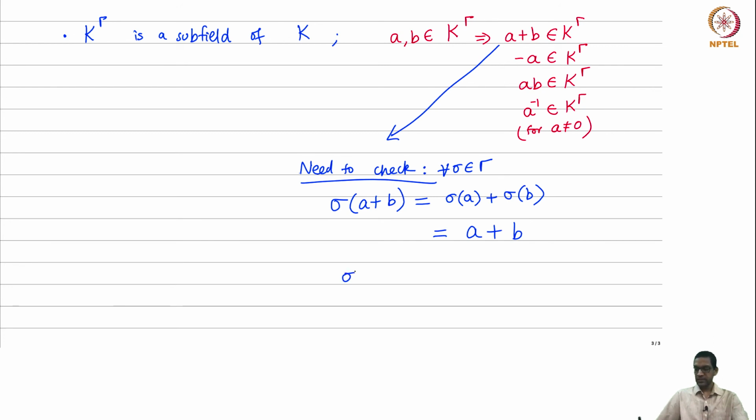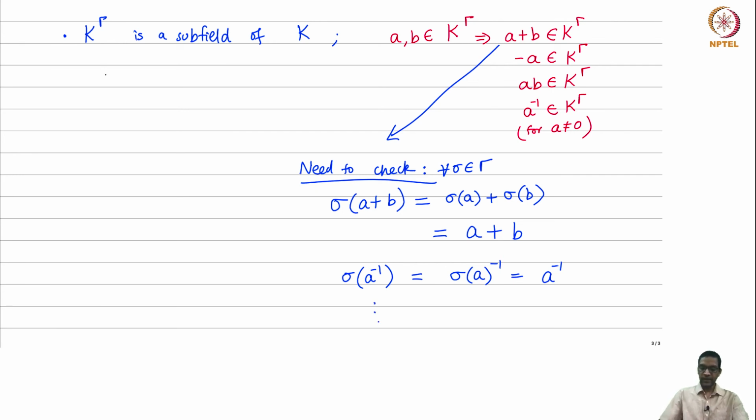Similarly, let's check the last one. If I had to check that a inverse belongs to K^Gamma, I need to apply sigma to a inverse. But again, sigma is an automorphism, therefore we have the following property: sigma of a inverse is sigma a, the whole inverse. But sigma a is just a because a belongs to K^Gamma. Okay, and so on. You can just check the other two properties similarly.